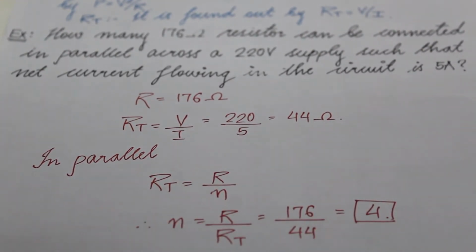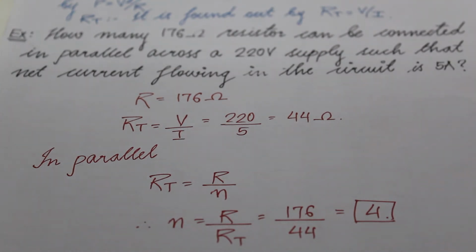It means I can connect a maximum of 4 resistors of 176 ohm each such that the net resistance becomes 44 ohm. Or I can say I can connect a maximum of 4 resistors of 176 ohm across 220 volt such that the current flowing is equal to 5 ampere.